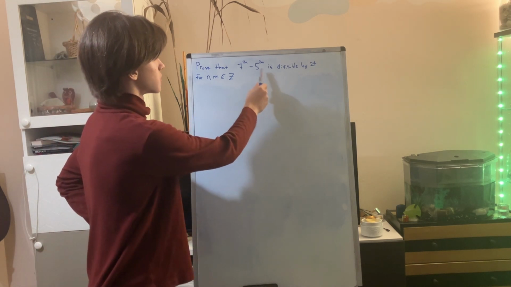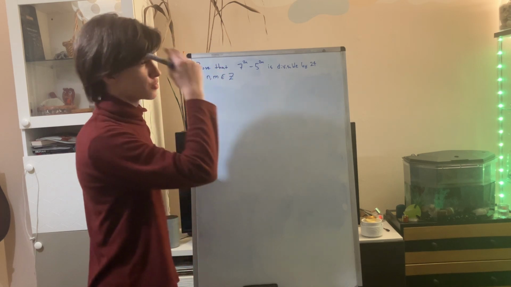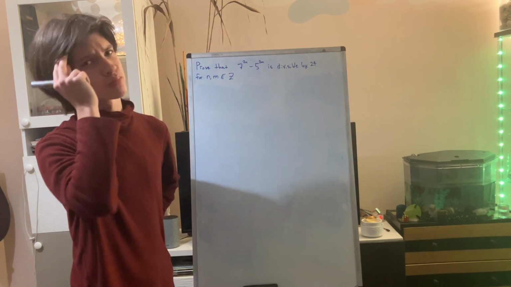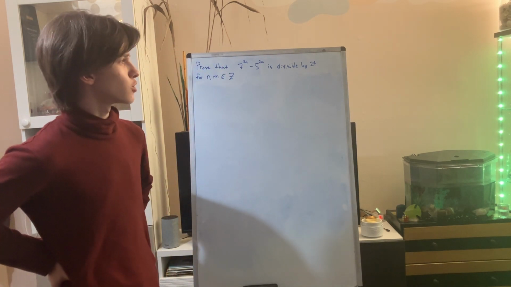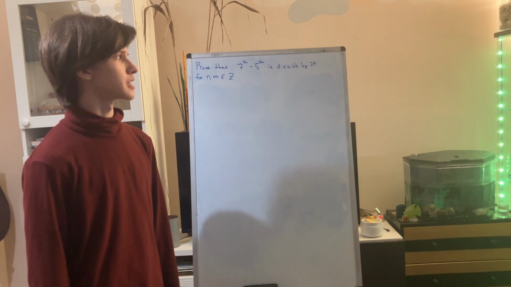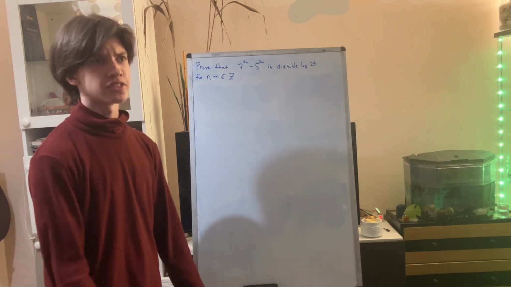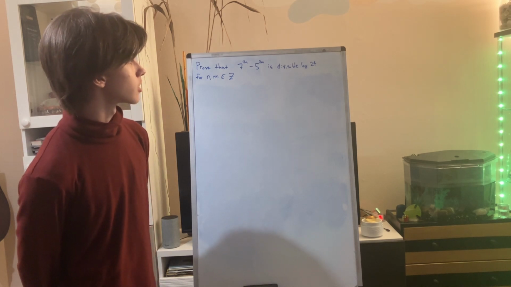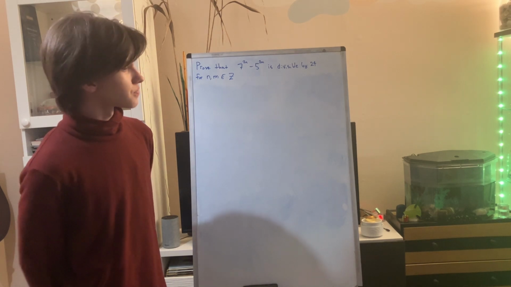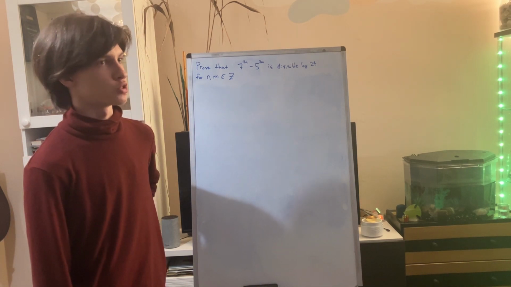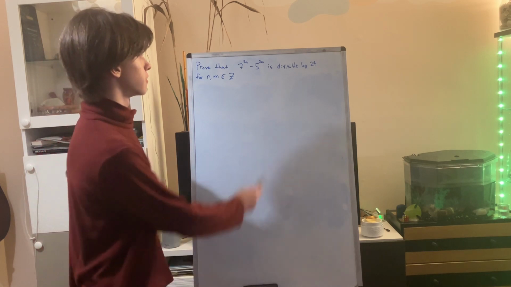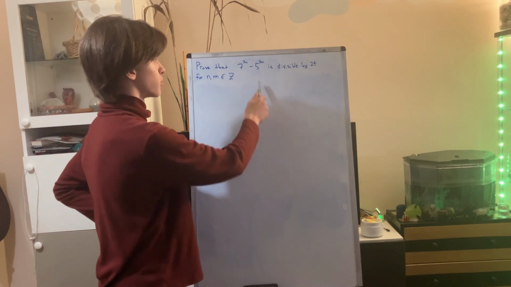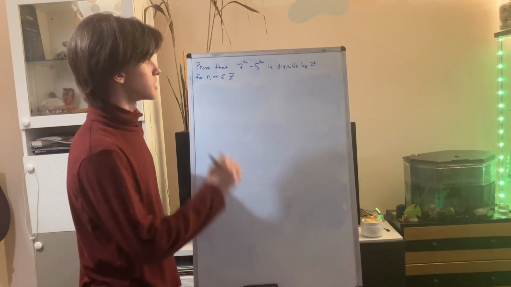When we see that this number is divisible by 24, remember, 24 is a number with a lot of factors. So that means it also has to be divisible by something like 2 and 3 and 4 and maybe several more combinations. But I think two very nice moduli to choose here are 4 and 6. If it's divisible by 24, it is divisible by 4 and divisible by 6.